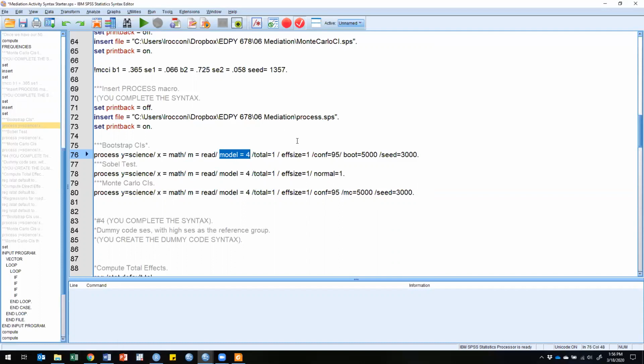The process macro can be used to estimate all kinds of different mediation models. It can be used to estimate indirect effects, and mediation models that have indirect effects in them.